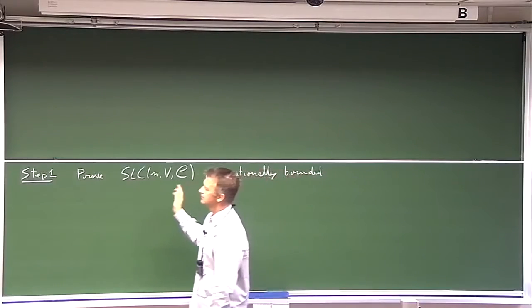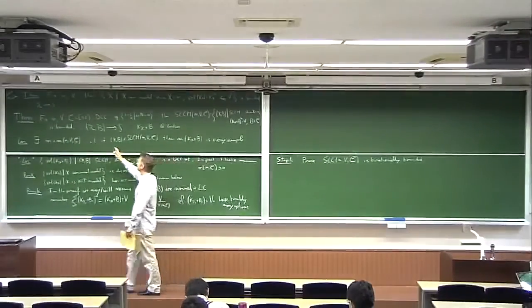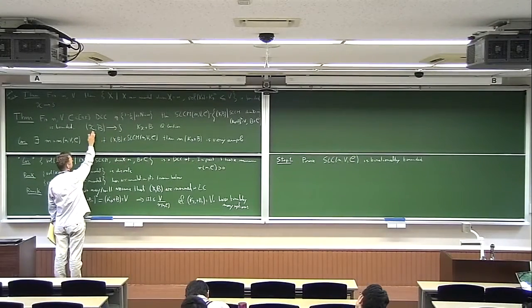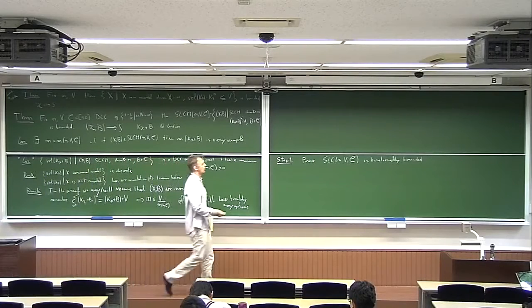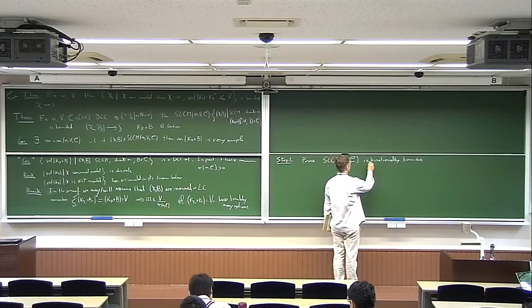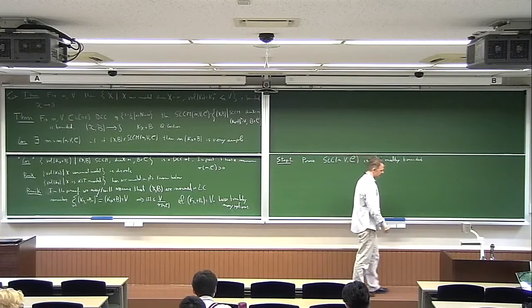Now, notice that we have a boundary, so we don't just have to show that the varieties themselves are bounded, but the boundaries are also bounded. And so typically when you have a pair, instead of saying that something is birationally bounded, you say that it's log birationally bounded.